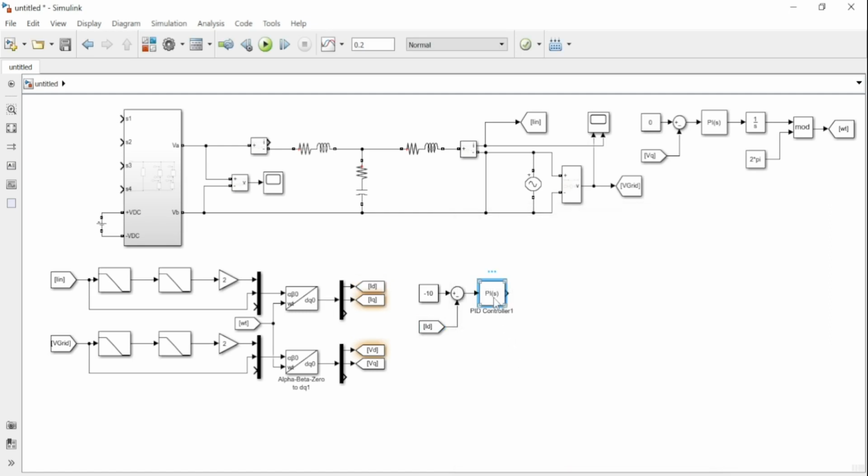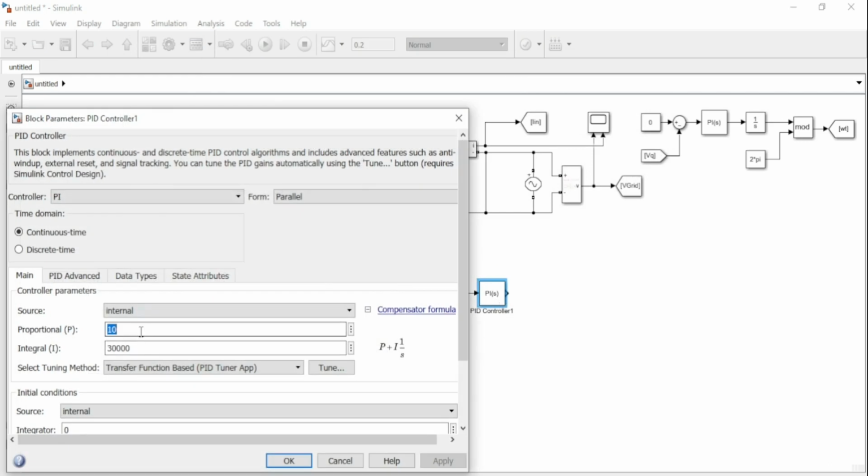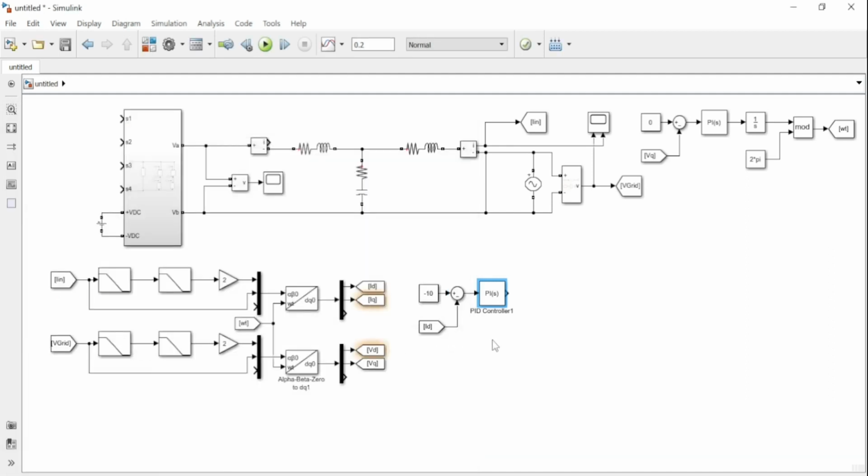The proportional gain is again set to 25 and the integral gain of the PI controller is set to 6. We copy and paste the summing point.